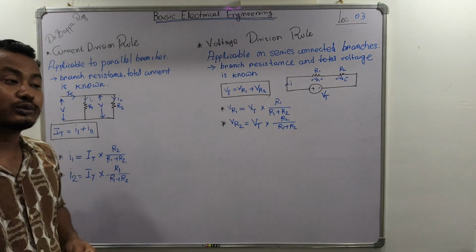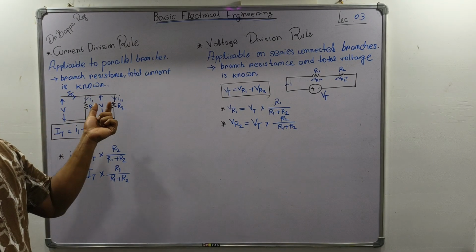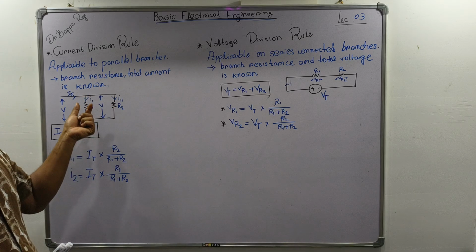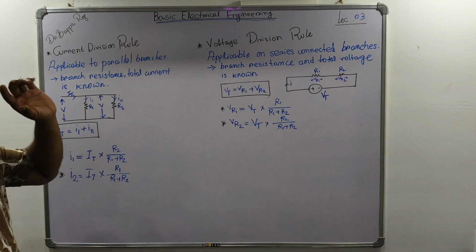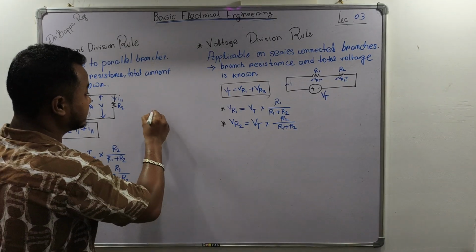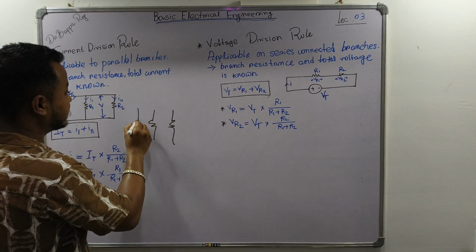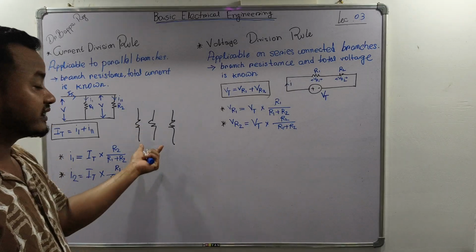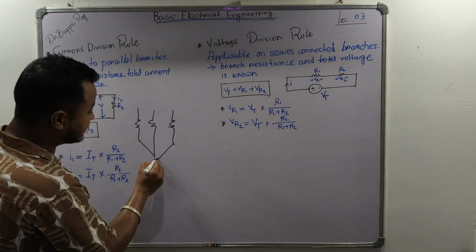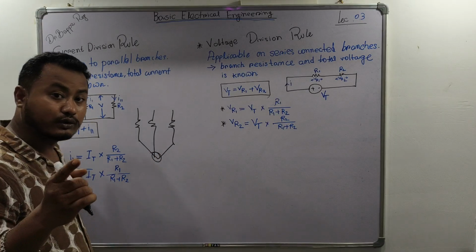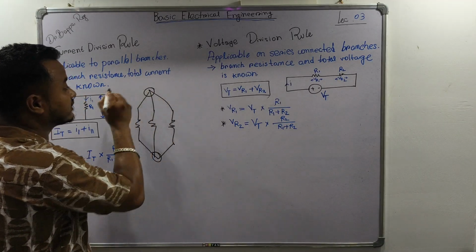For parallel, what is the condition? The voltage must be the same, and the branches are connected separately at both ends, but at the same point. Suppose we have three branches. We call it a parallel connection when all three branches are connected at one node or junction, and the opposite sides are also connected at one place.